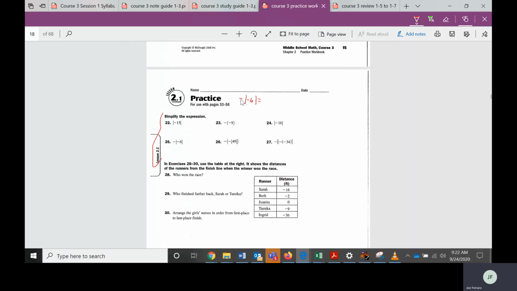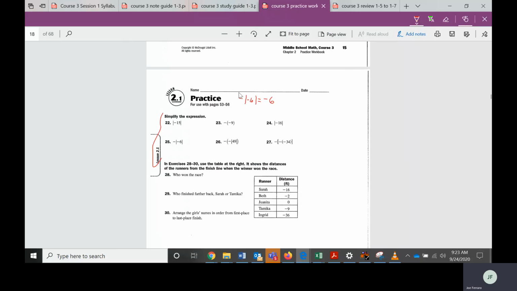So we have negative, or opposite, of the absolute value of -6. So we have a negative that stays here. Then the absolute value of -6 is 6. And so then we actually have a -6 for an answer because this negative is on the outside.